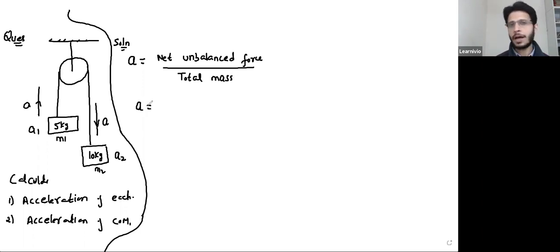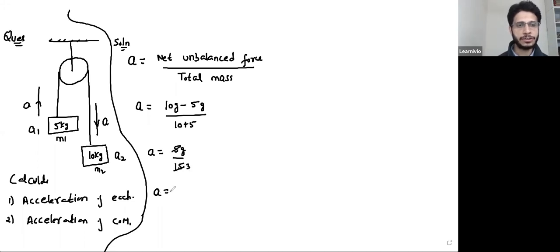This is net unbalanced force divided by total mass. So your net unbalanced force is 10g minus 5g, divided by the total mass of the system, that's 10 plus 5. So 10g minus 5g is 5g over 15. This 5 will cancel with 15, it's 3. So the acceleration is g by 3.